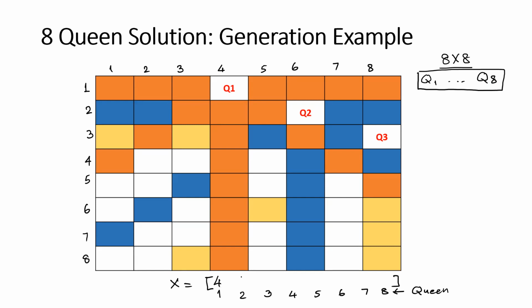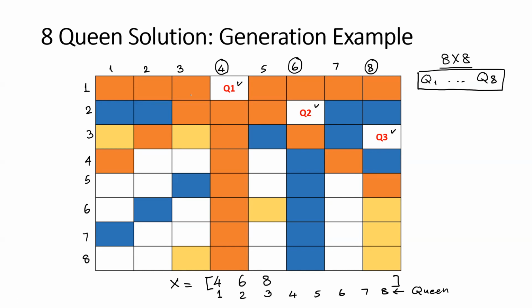So if I write 4, it means that Q1 is placed in column 4. If I write 6, it means that Q2 is placed in column 6. And if I write 8, it means that Q3 is placed in column number 8. So column number 6 for Q2, column number 8 for Q3, and column number 4 for Q1.